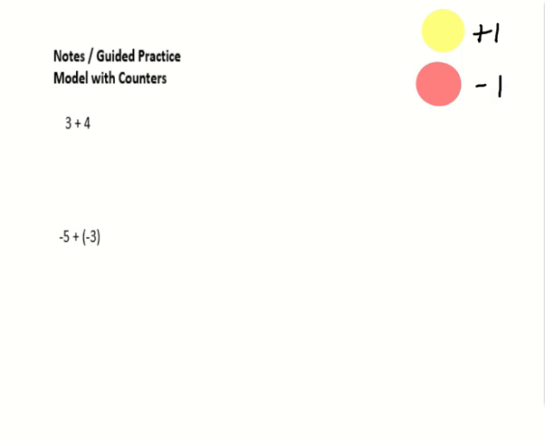So I'm going to represent that 3 with not a red, 1, 2, 3 yellows. And I'm going to add 4, and 4 is also a positive. So there's my 1, 2, 3, 4. If I look at the total, how many yellows do I have? 7 yellows. They're all the same color, so I push them together and I add them.